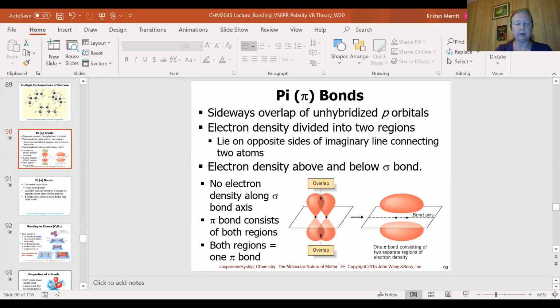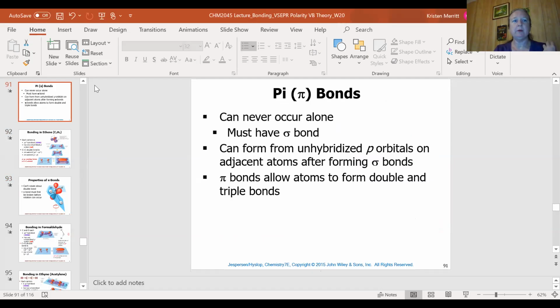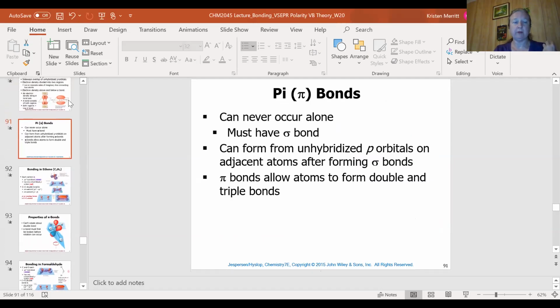I think this picture down here shows it. See, as soon as you rotate, it's no longer parallel. You are no longer sharing the electrons, and so you've broken the bond. So pi bonds are fixed. They do not rotate. They are the second or third bonds that form.